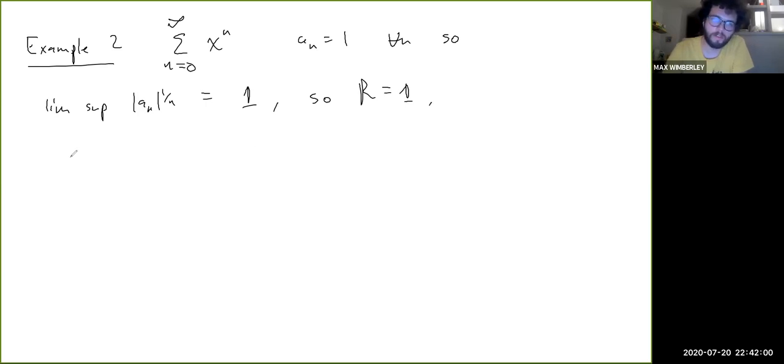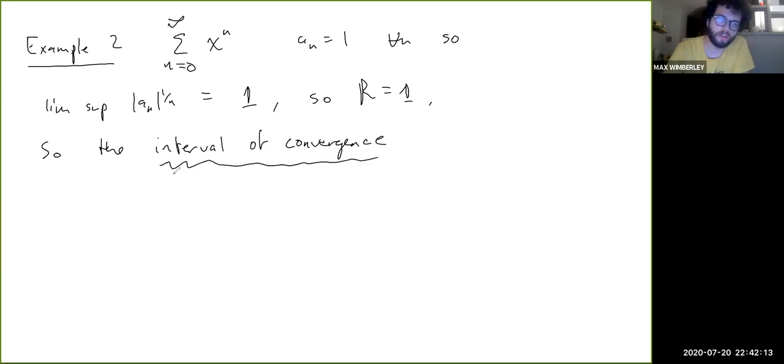So this means the interval of convergence, which is just the set of x where the series converges, right?